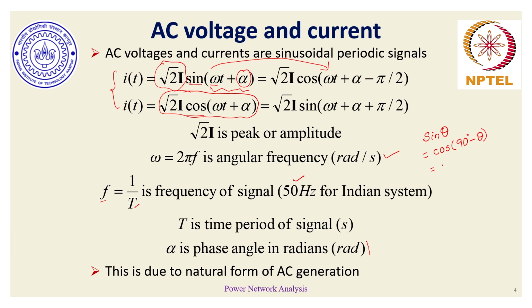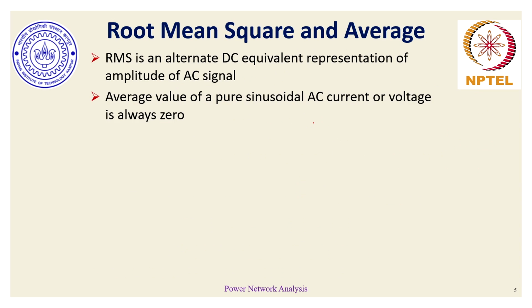This can also be rewritten as cosine of theta minus 90 degrees, because the sign of the argument inside the cosine function doesn't have an impact on the cosine value. So based on this analogy, we can redefine our sine waves in terms of cos waves, and similarly the cosine signal here, which is the second signal, can be rewritten in terms of the sine signal.